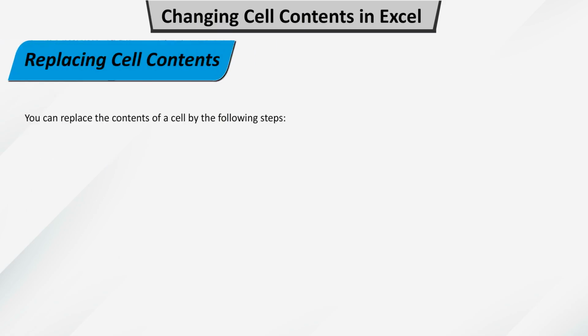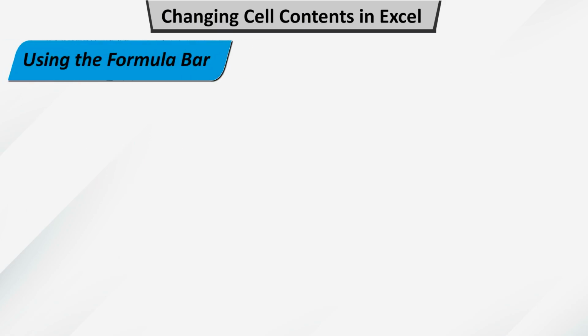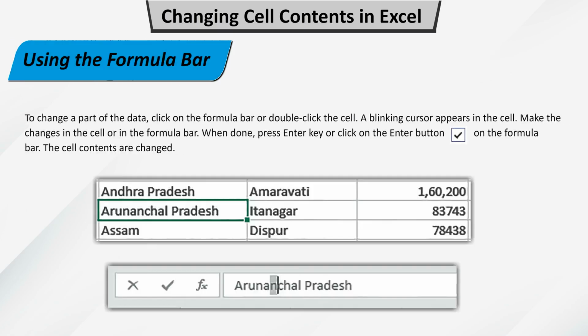Replacing cell contents. You can replace the contents of a cell by the following steps. 1. Go to that cell or click on it to make it the active cell. 2. Start typing the new data. The previous data will be automatically replaced by the new data. Using the formula bar. To change a part of the data, click on the formula bar or double-click the cell. A blinking cursor appears in the cell. Make the changes in the cell or in the formula bar.